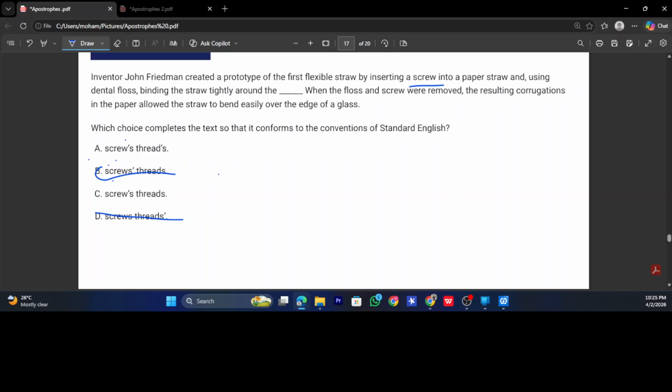Here is only singular. So after that, we need plural nouns, dates, but a singular possessive again, so it is crossed out also. So C is the only correct answer.